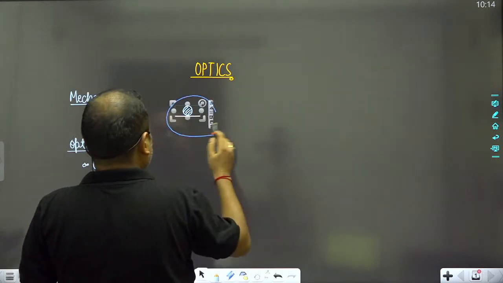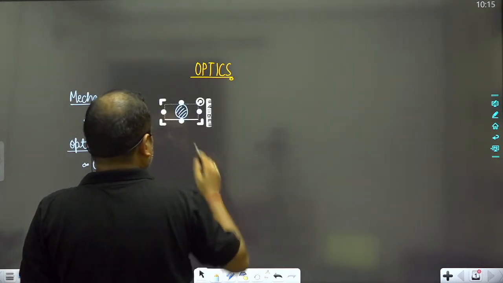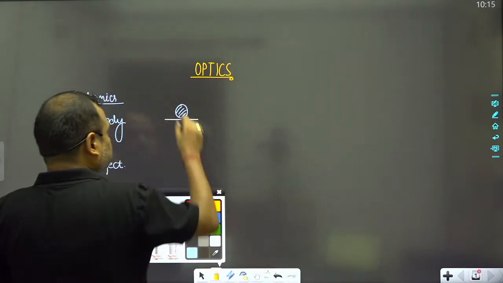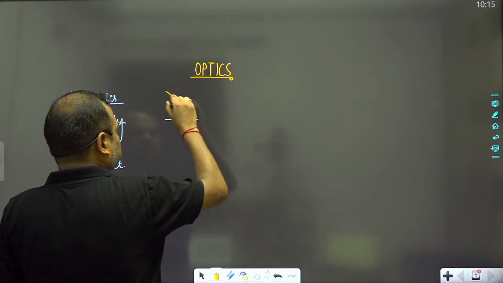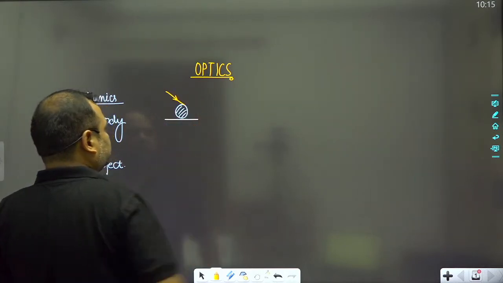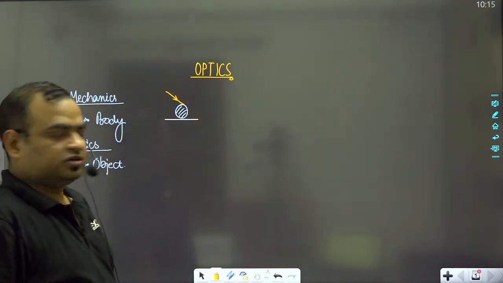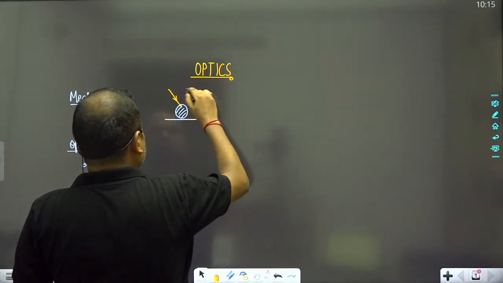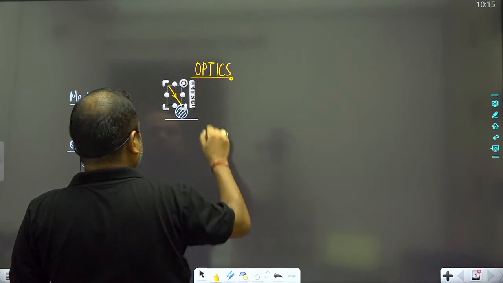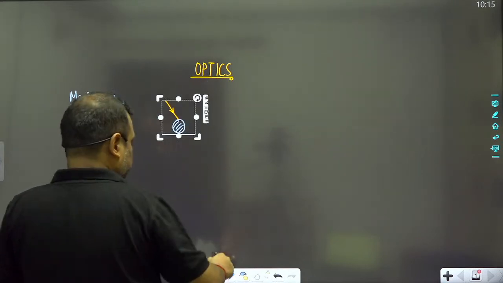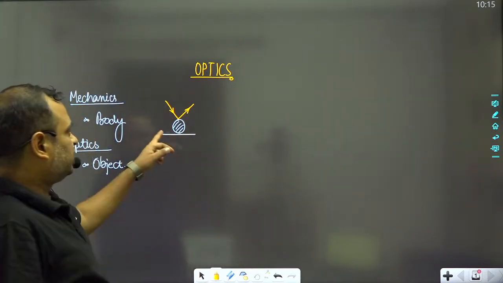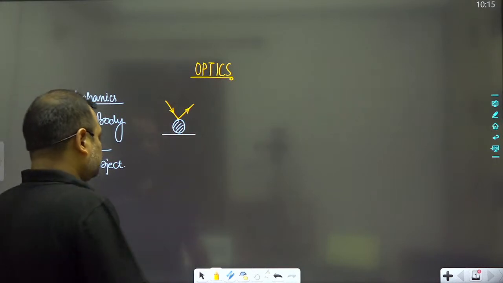Now if we talk about how we see this, suppose that this is the light ray which is falling on this body like this. Then this light gets reflected after striking this body, like this.